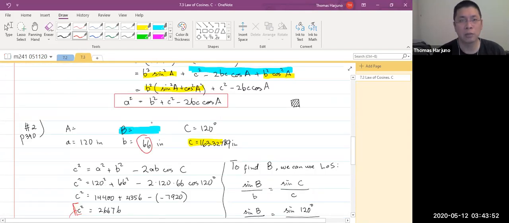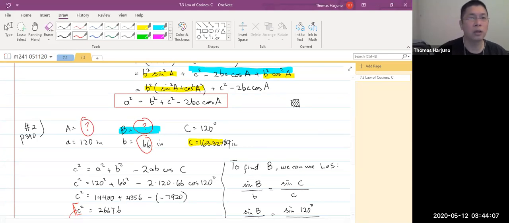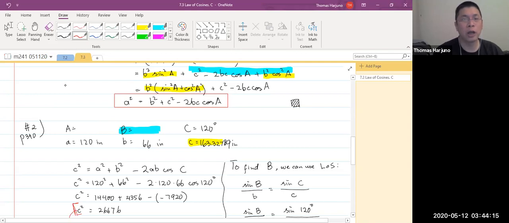So this angle here must be the smallest angle, and the smallest angle must be strictly less than 90 degrees. In fact, both of these two angles have to be less than 90 degrees. Now, suppose earlier I asked you for angle A right away, then you must have two angles, one in quadrant 1 and one in quadrant 2, and you cancel the one in quadrant 2 because you already have something else in quadrant 2.